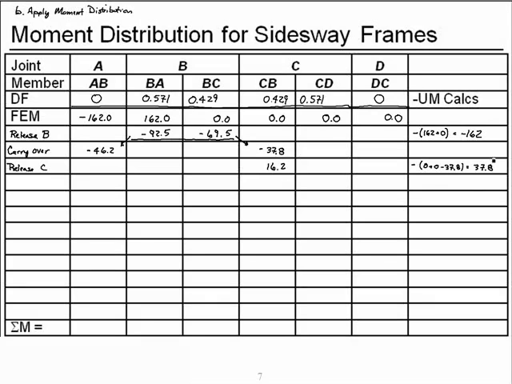When I take the 37.8 foot kips times the distribution factor of 0.571, I get a positive 21.6 foot kips. And now I clamp this node back down. It is in equilibrium, but we have carryover.